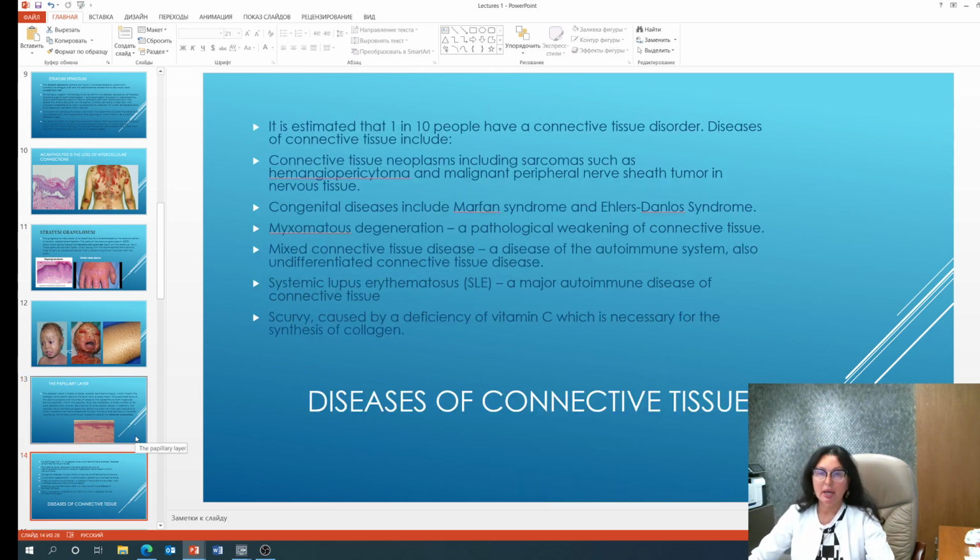It's estimated that 1 in 10 people have a connective tissue disorder. Diseases of connective tissue include connective tissue neoplasia, including sarcomas such as hemangiopericytoma, and malignant peripheral nerve sheath tumor in nerve tissue, called Recklinghausen disease or neurofibromatosis.